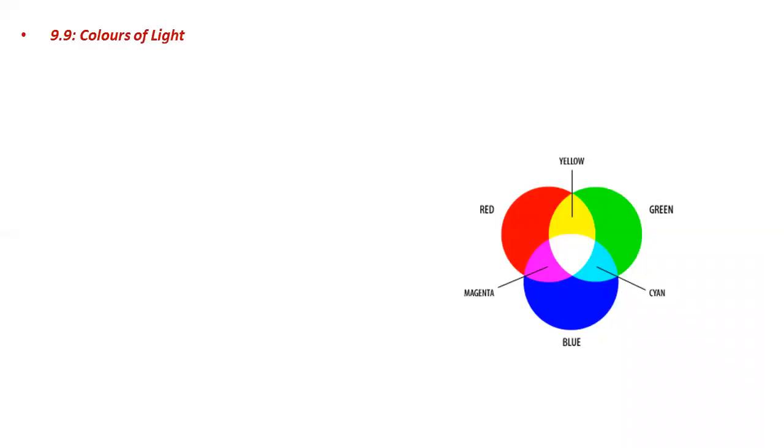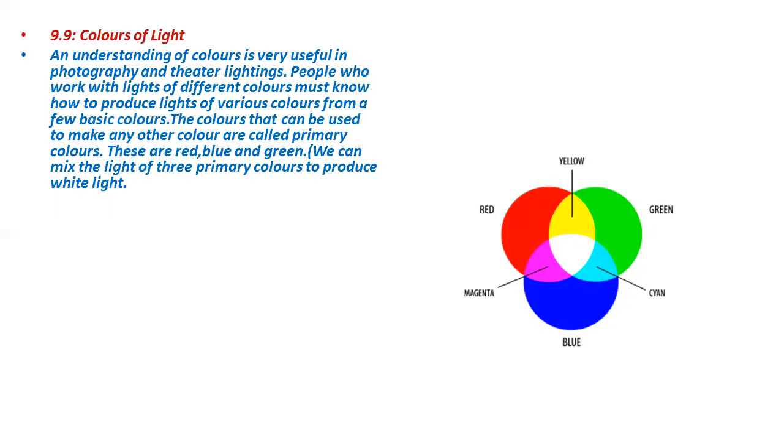Colors of light. As I told you in my previous lecture, by mixing primary colors we can get secondary colors, and we discussed the mixing of these colors. When red and blue lights are mixed together, they give us magenta color. Mixing red and green gives us yellow color, and mixing blue and green gives us cyan color.